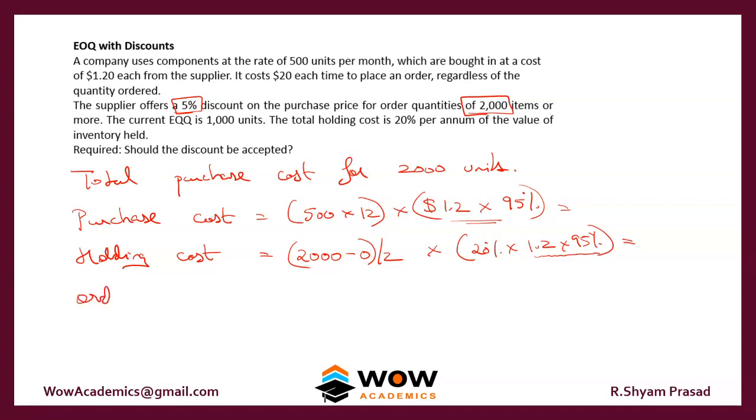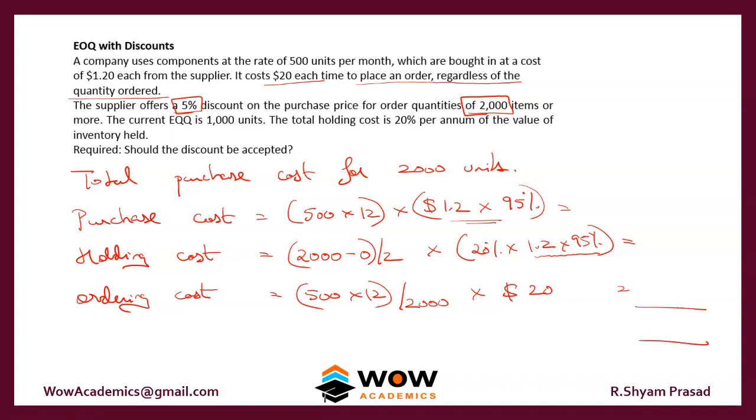And finally we have the ordering cost. In a year, the units that we are going to purchase divided by the number of units in each order, 2000, into the ordering cost. They say it's going to be 20 each time to place an order regardless of the quantity ordered, so it is always 20.